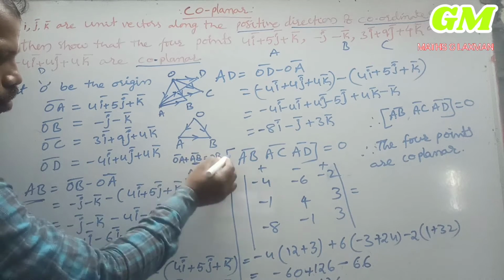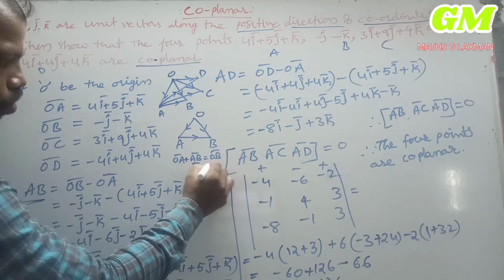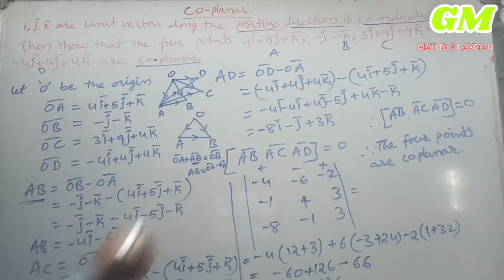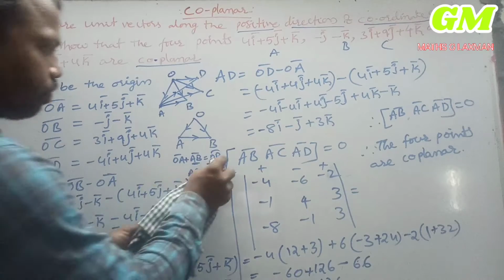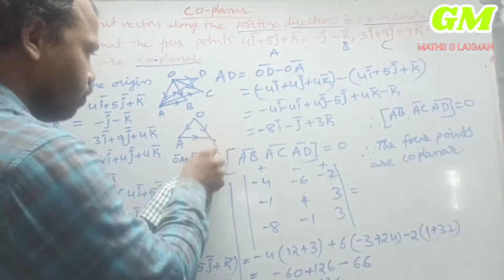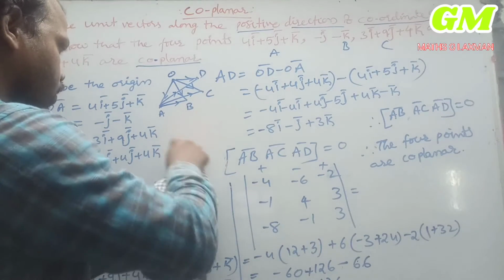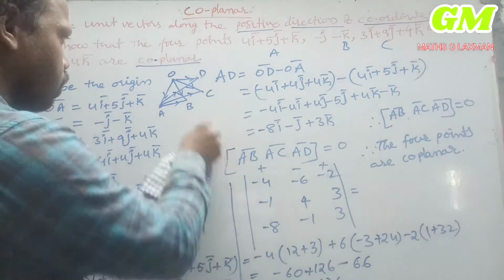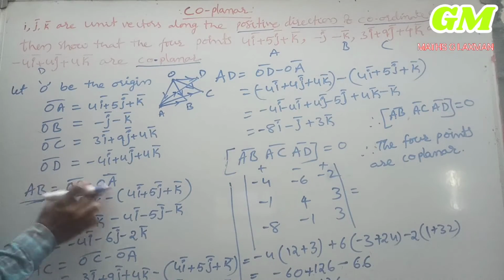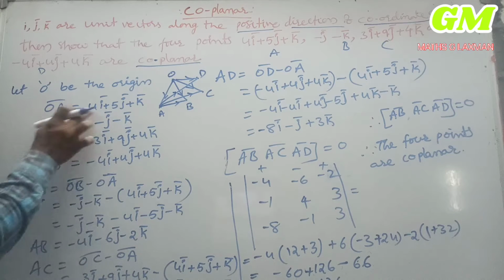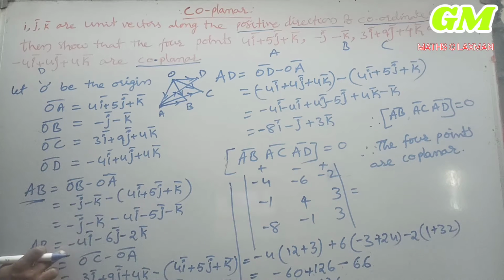AB is equal to OB minus OA. So by subtracting these two, we will get AB is minus 4i minus 6j minus 2k.